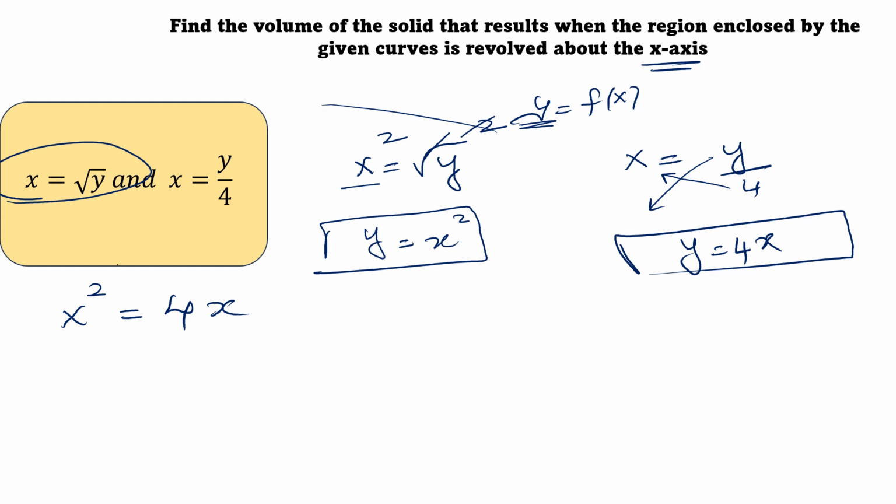Whenever you have the parabola function or the square function or quadratic function, bring this over here, so you will get x square. Bring the 4x to the other side. You will get x square minus 4x equals 0. Here you can use the calculator to factor, because they won't see your method, or you can do it manually.